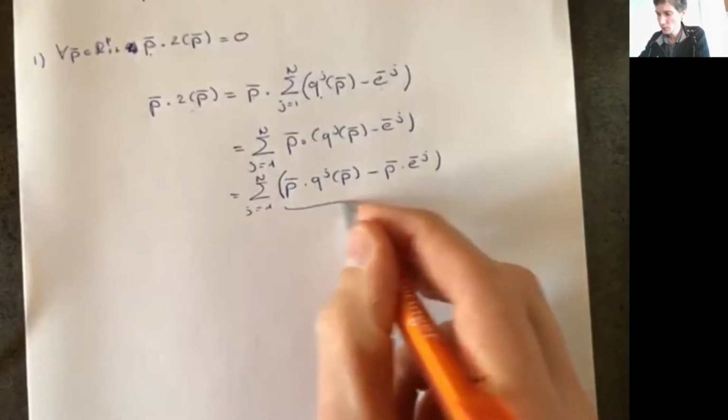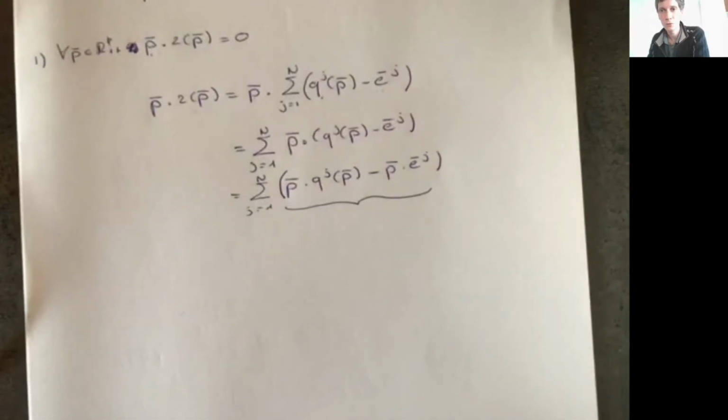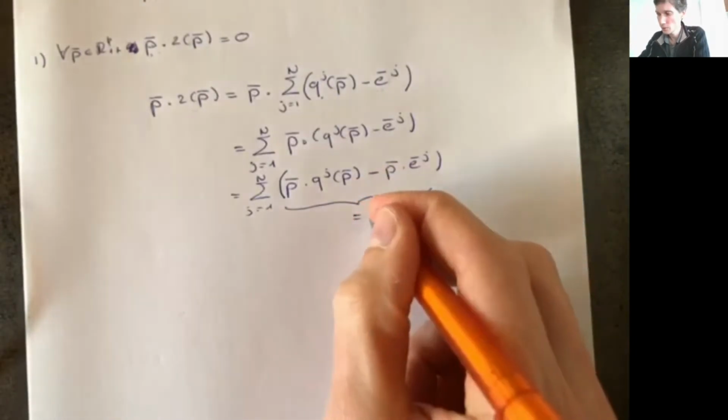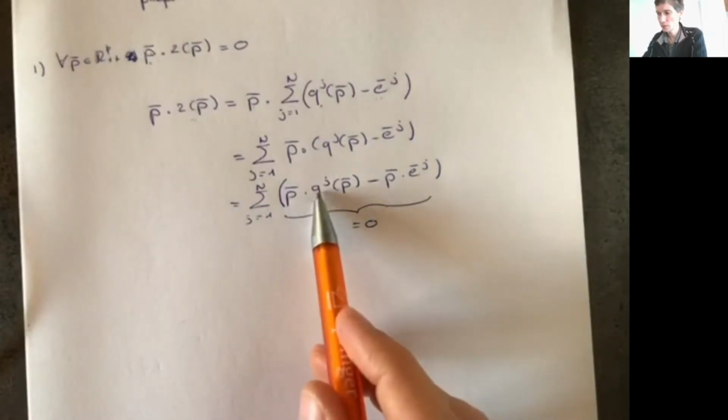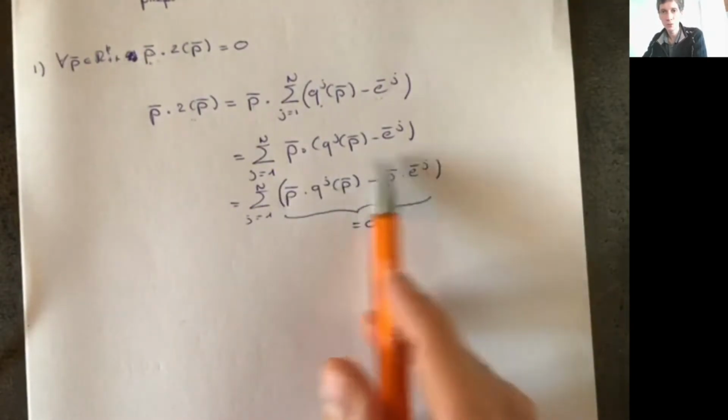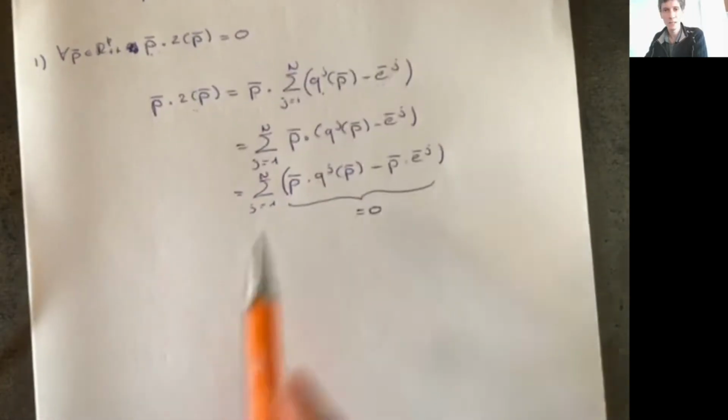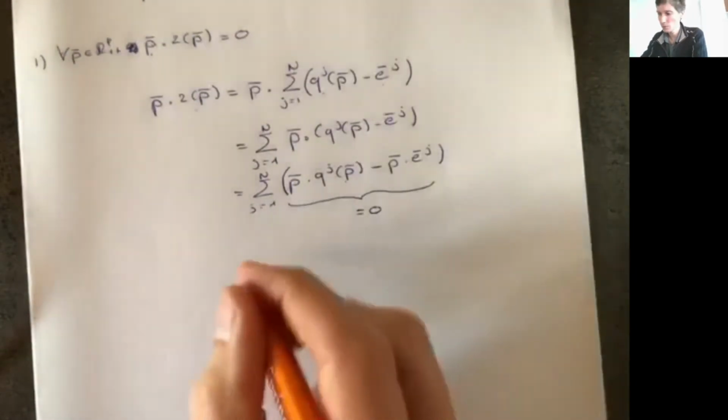Okay, and this, because we have local non-satiation of the utility function, is equal to 0, right? Remember, the lemma that you have proven is that the optimal bundle will be on the budget line, so this would be equal to 0. So here we're summing a number of zeros, so this would indeed be equal to 0.